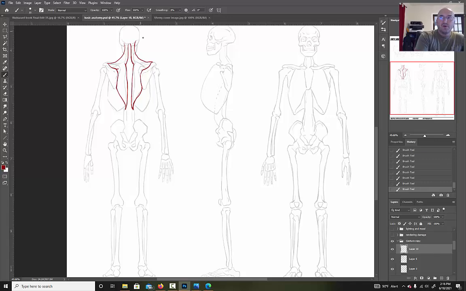All right. So from there, let's talk about the infraspinatus and the teres major. So the infraspinatus, again, is going to attach under that ridge, and then the teres major generally sits underneath that.